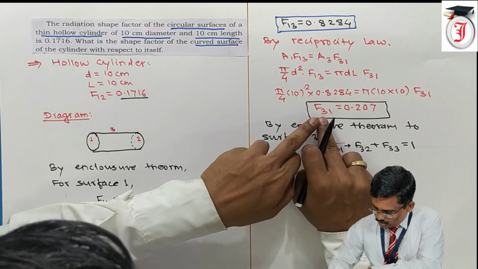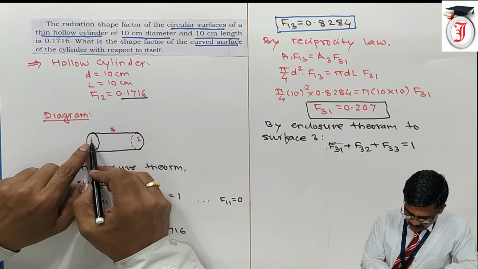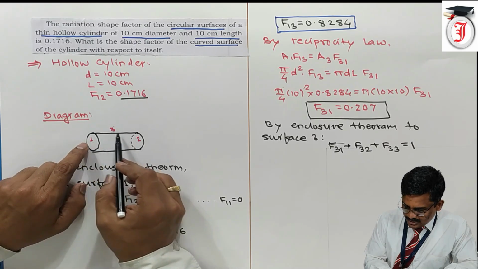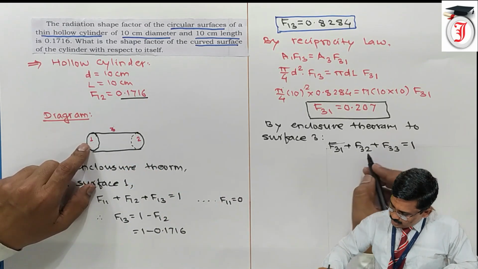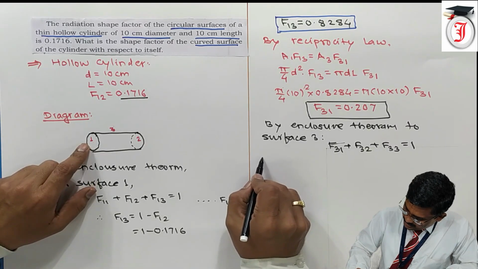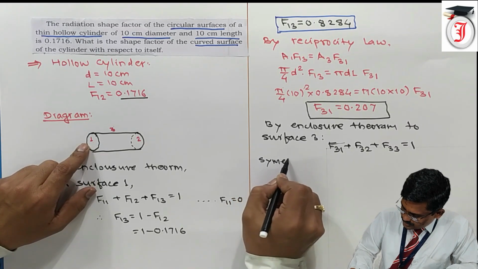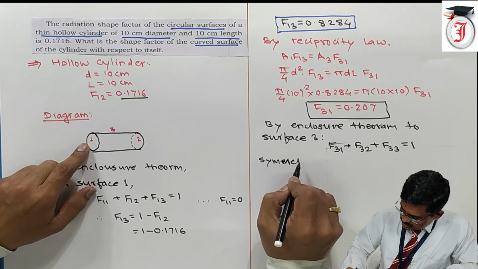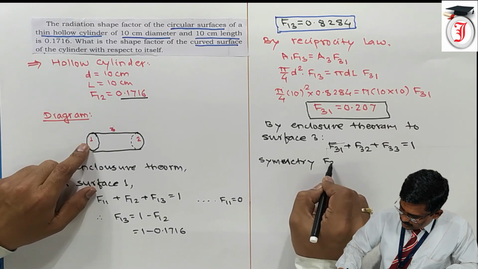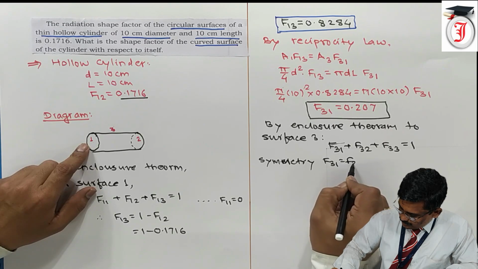Here F31 and F32 are symmetrical to each other, therefore because of symmetry F31 is equal to F32.